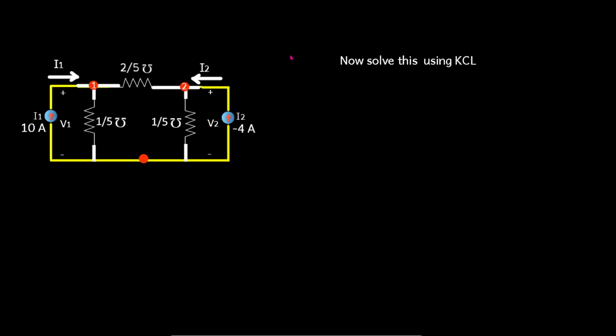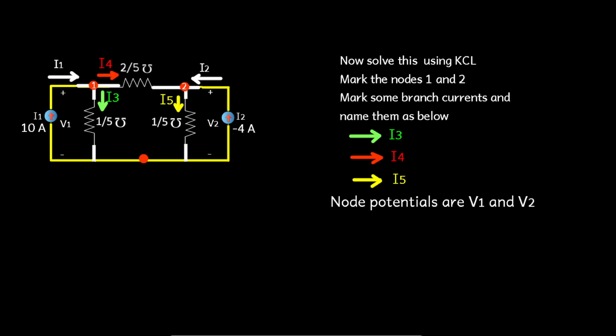Now we move on to solve the same problem using KCL. So after getting this modified circuit, we are going to solve this using Kirchhoff's current law, isn't it? So we mark this as node 1 and this is marked as node 2. First we'll mark the remaining currents also. We know that this is the I1 current which is supplied by this current source, and this is entering into this node 1.